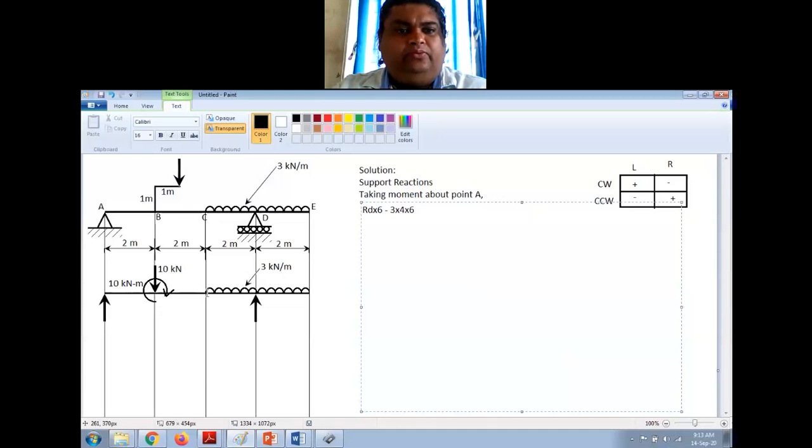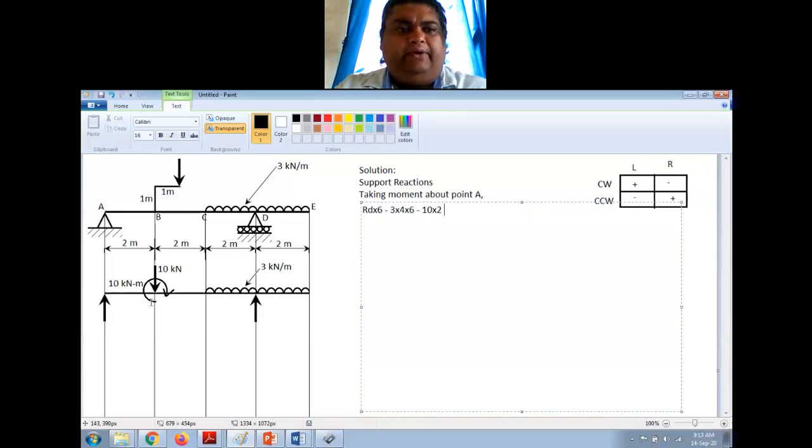Then come to this point C, there is no force. Come to point B, I have a vertical force of 10 kilonewton. Since it is downward, it will also create a clockwise moment on the right side, which will be negative. So minus 10 into the perpendicular distance, 2 meters, into 2.